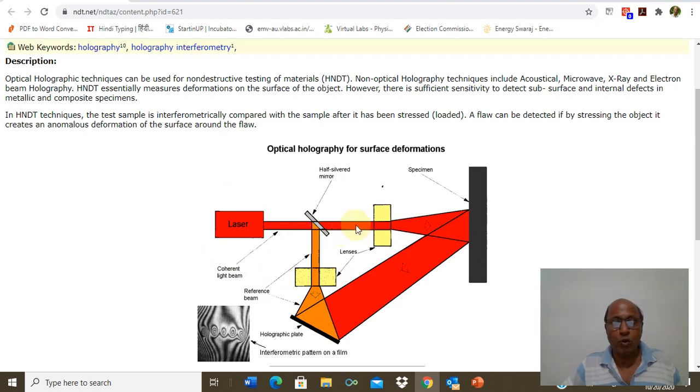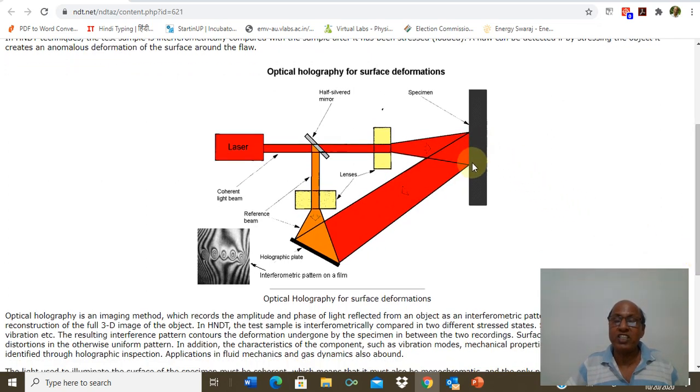Now two beams: one goes to the specimen object, and the other is the reference wave, and these two will form the interference fringes here. If you compare it with an unstressed sample, then the difference between the interference fringes of the two will give you information on how much stress has taken place inside the material.